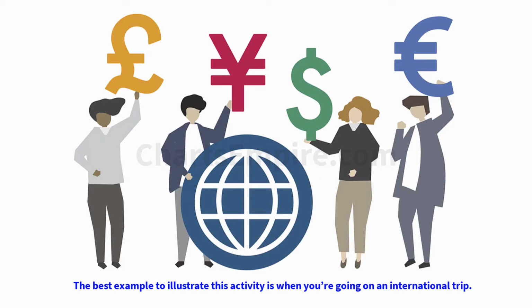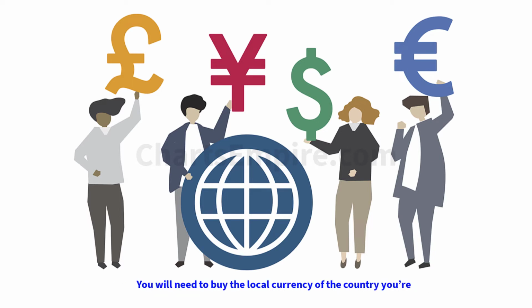The best example to illustrate this activity is when you are going on an international trip. You will need to buy the local currency of the country you are visiting using the currency of your home country.